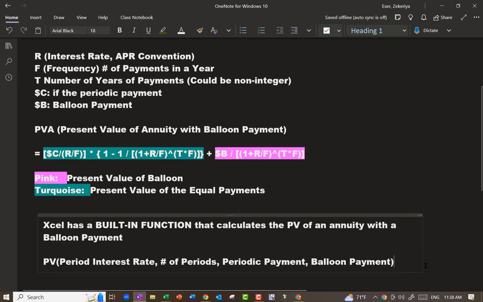Technically speaking, there are two types of annuities. One is called ordinary annuity, which is things like mortgages, car loans, and stuff, where the first payment is made at the end of the first period. So if you're making monthly payments, you're going to make your first payment 1 month after you bought the car and financed it. The other is called annuity due or annuity in arrears. The first payment is made right now.